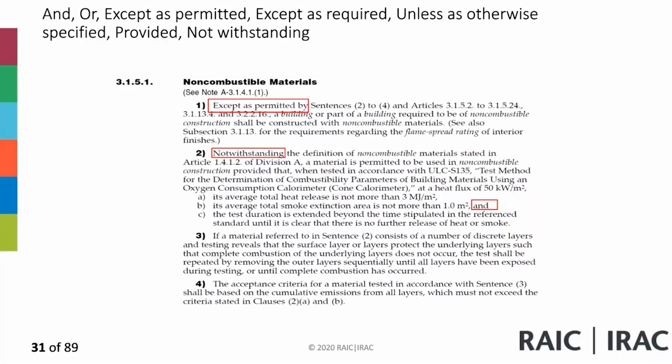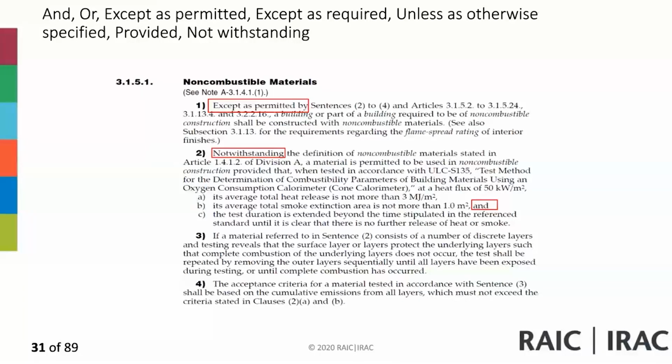So in this case, notwithstanding the definition of the material, if we have a material that passes all these criteria, and on top of it the test duration is extended beyond the S135 standard until there is no further release of smoke. Now you see that if a manufacturer tells you, "I passed CAN/ULC S135 and passed all the criteria," would you say that is enough?